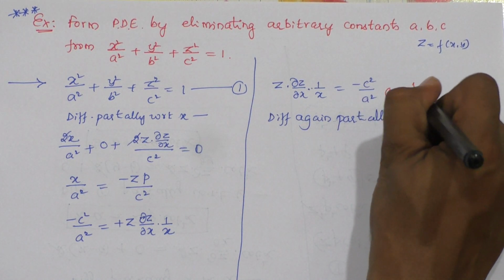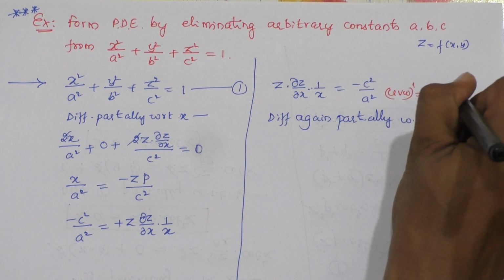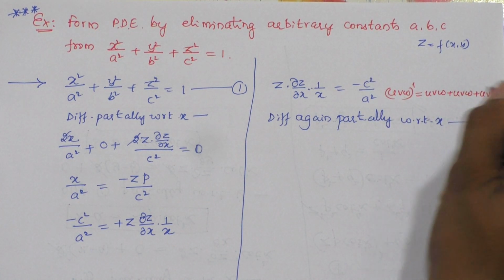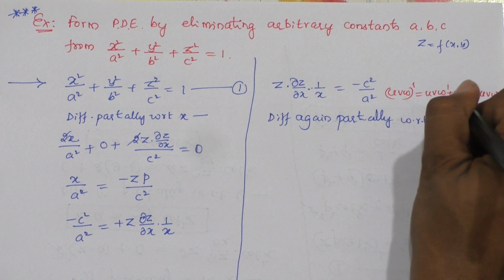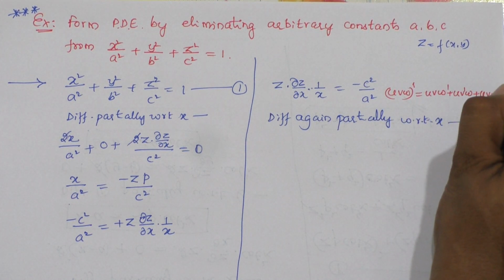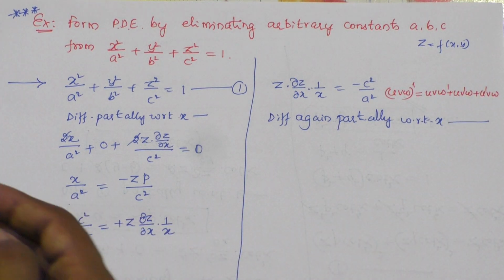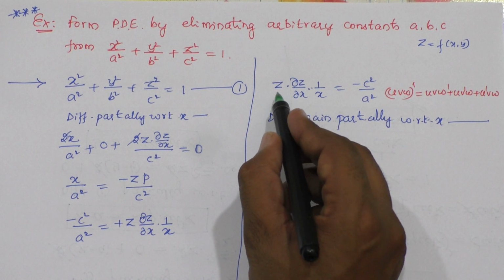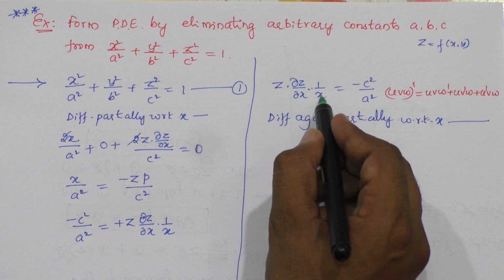What is the derivative of UVW? It is U'VW plus UV'W plus UVW'. So you consider one term as U, another as V, another as W.